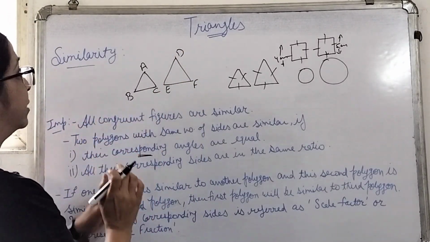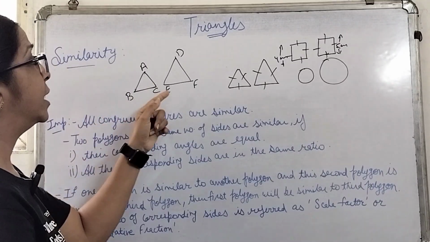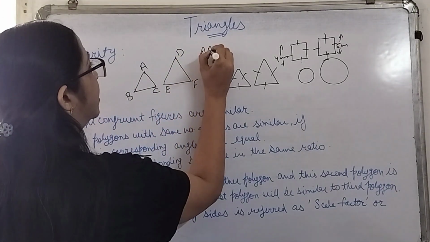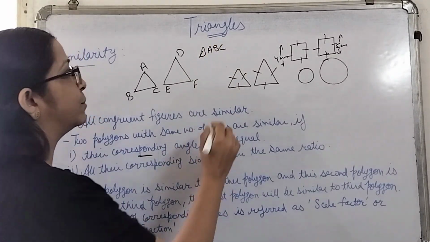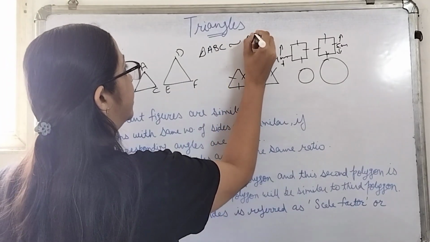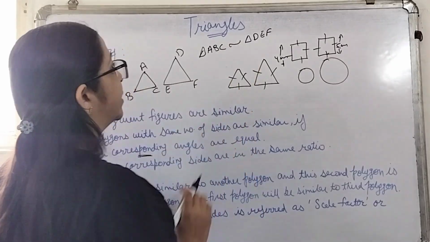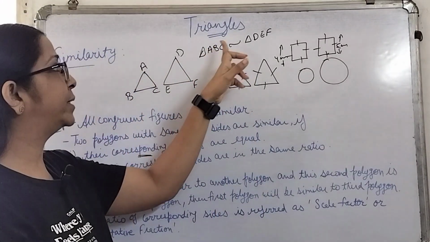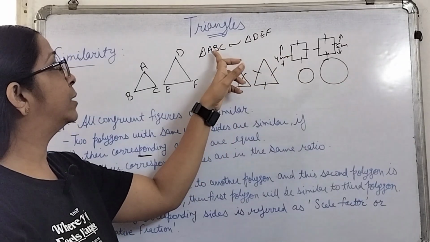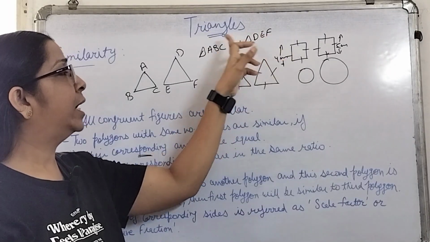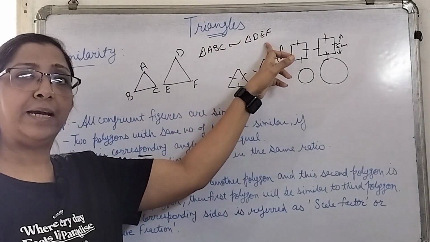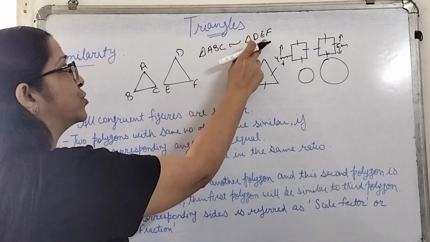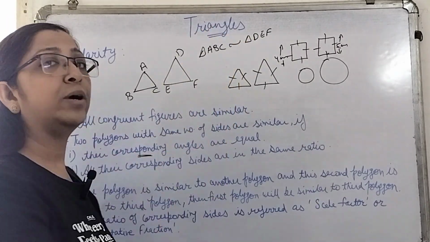So if I am saying that triangle ABC is similar to triangle DEF, that simply means that angle A will be equivalent to angle D, angle B will be equivalent to angle E, and angle C will be equivalent to angle F. That means A corresponds to D, B corresponds to E, and C corresponds to F.